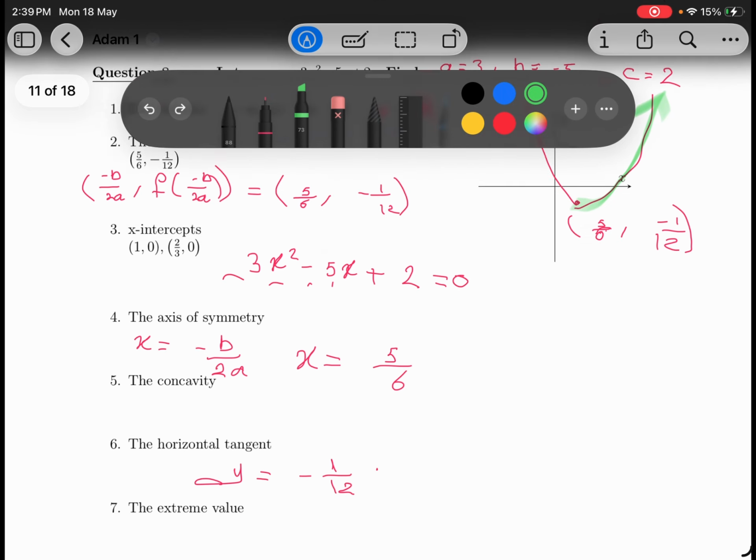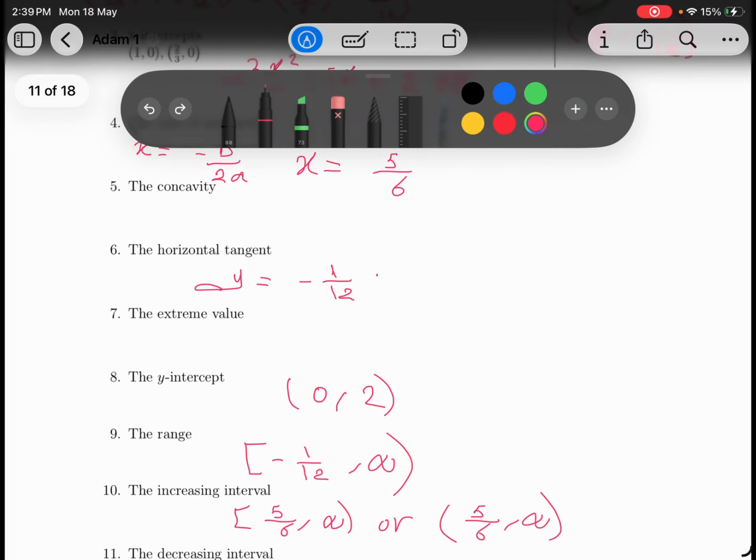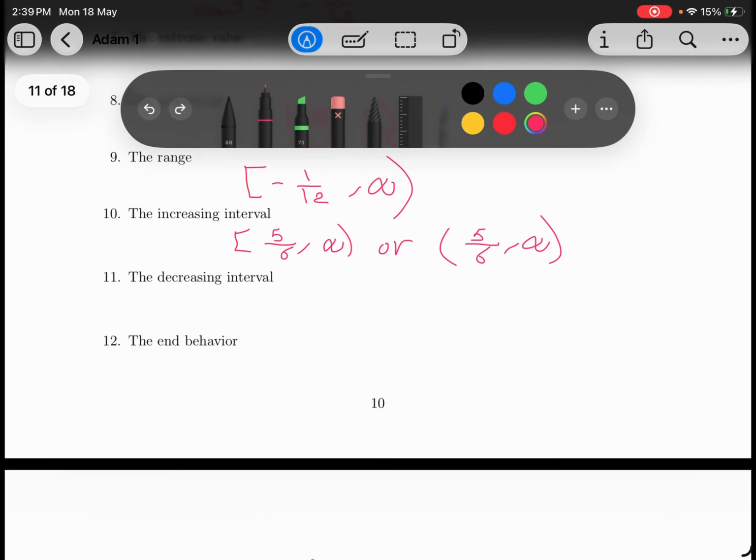Over 6. So it's decreasing, okay, from minus infinity till we reach 5 over 6, closed or open: minus infinity, 5 over 6 open. You see the style of these brackets.